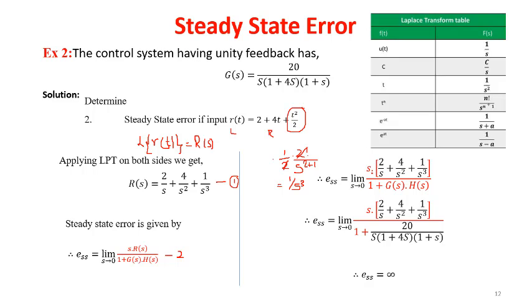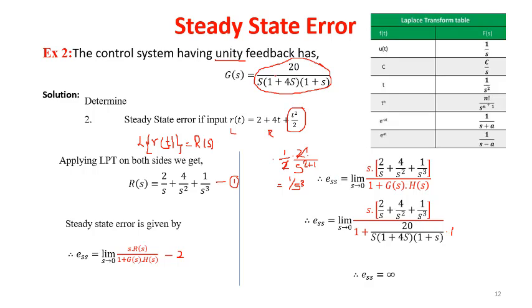Now here we have 1 plus G of s into H of s. Wherever G of s, H of s is there, we substitute it. It is a unit feedback system, hence H of s will be equal to 1.